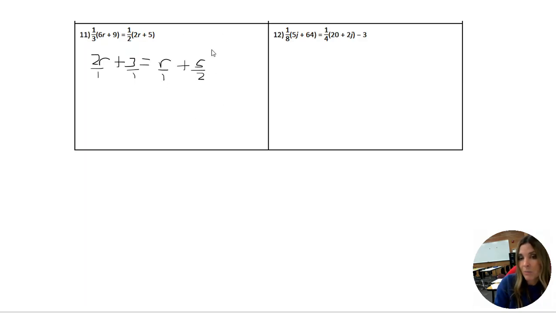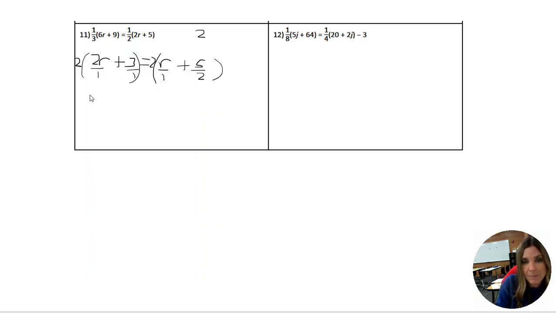And so if I want to clear the fraction out of this equation, I need to find the least common multiple for 1 and 2, which would be 2. So I'm going to times 2 by everything on this side, and I'm going to times 2 by everything on this side.